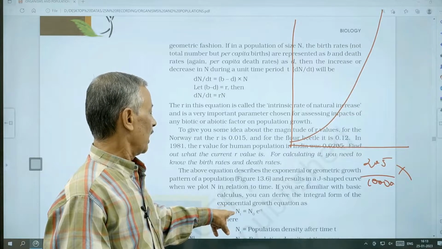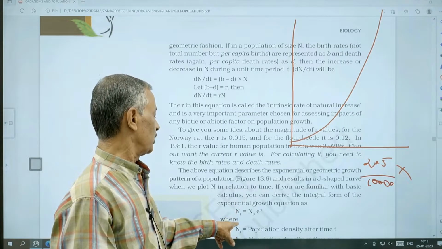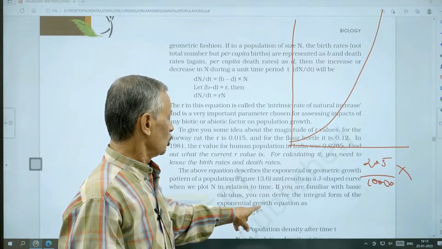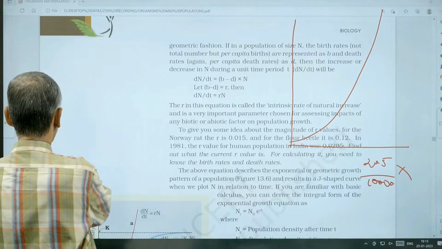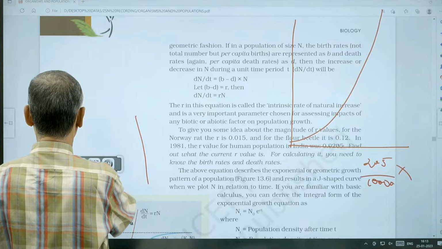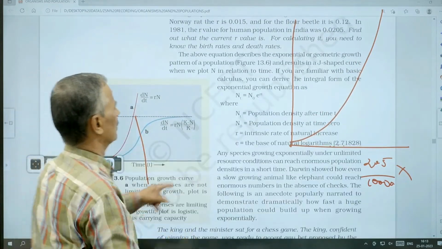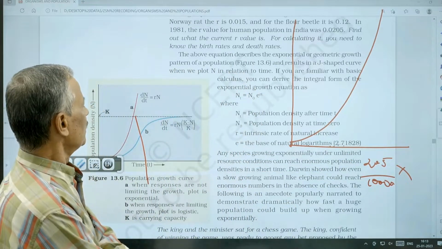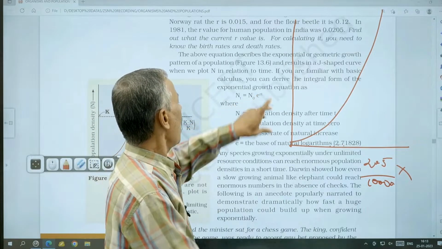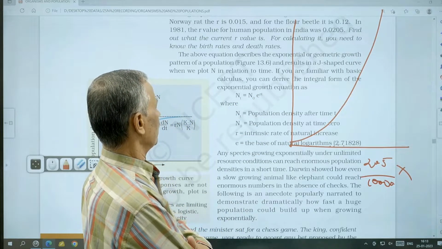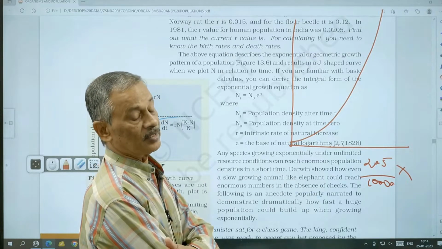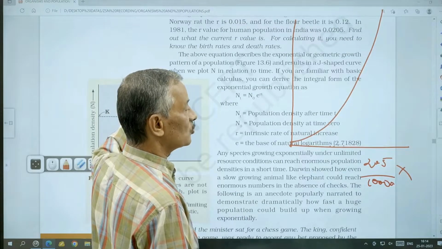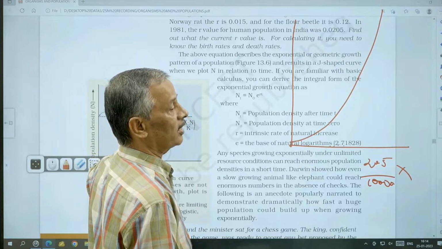This is N after a time t, density after time t will be N0, that is original population, into e to the power of rt, where e is equal to the base of the natural logarithm, that is 2.71, r is equal to intrinsic rate of natural increase and t is time in the same unit. That population is growing steadily. So we can calculate how much of population will be there after a time t.